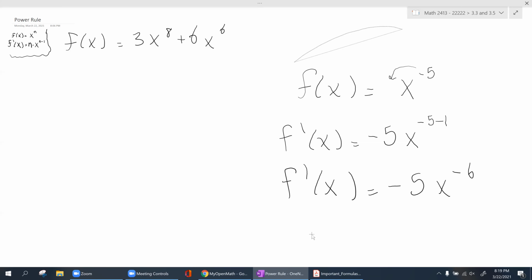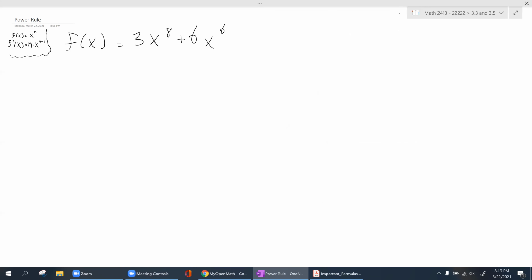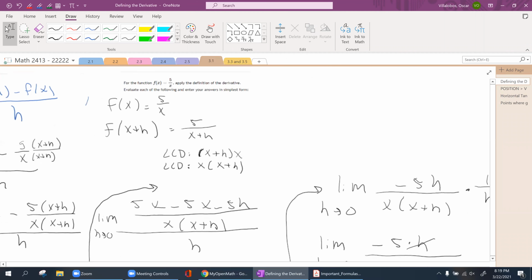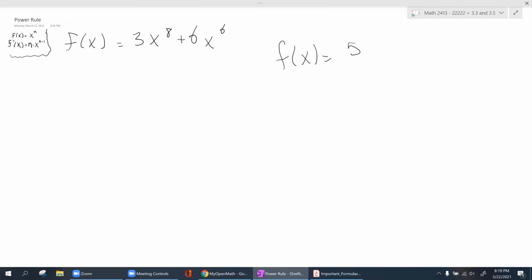Let's do a real world application. This is the long one we did, 3.1: 5 over x. A skill that we need is learning how to rewrite fractions whenever there's a variable x.